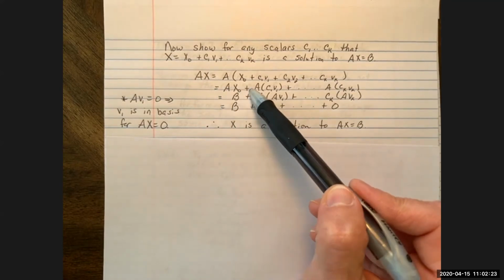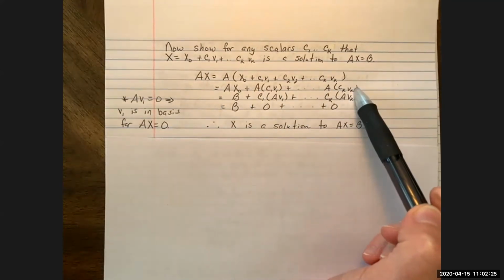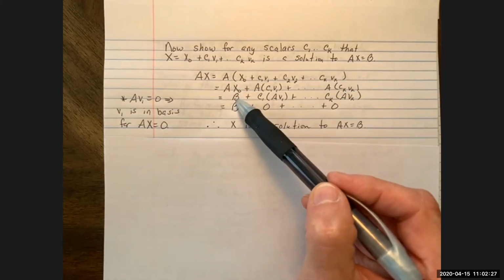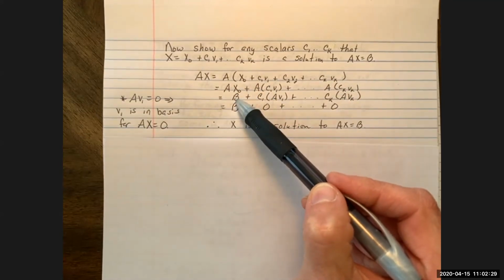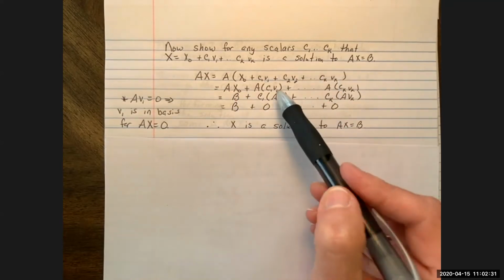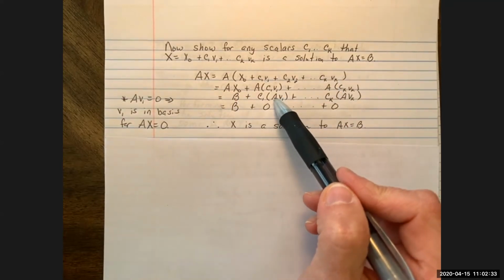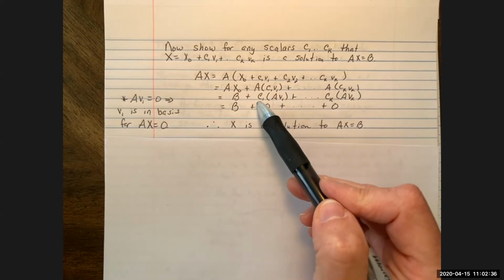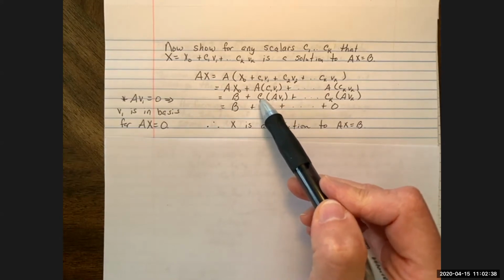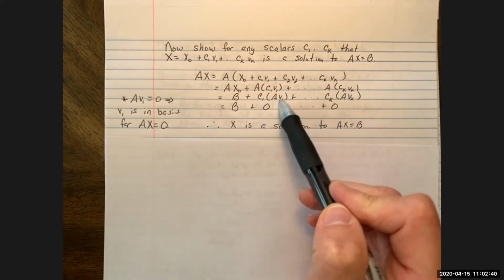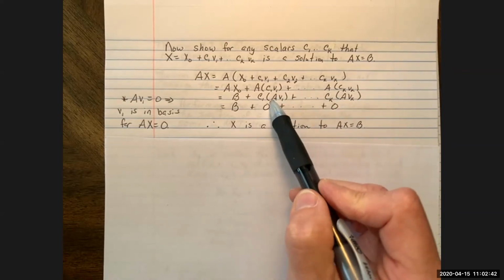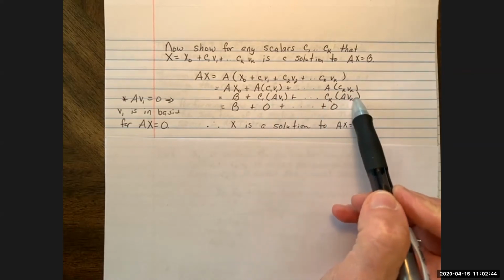I distributed the A across each of those pieces. Ax0 is b because x0 is the solution to the system. And then I used the associative property to move each scalar, each coefficient, out in front, and I have A times each vector.